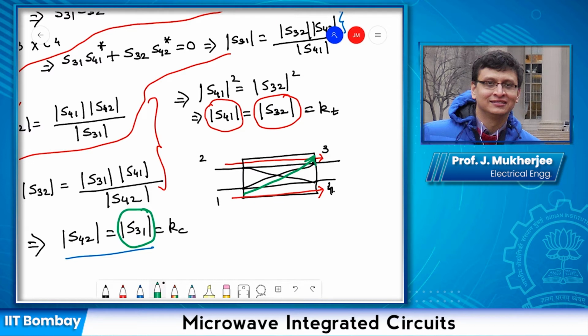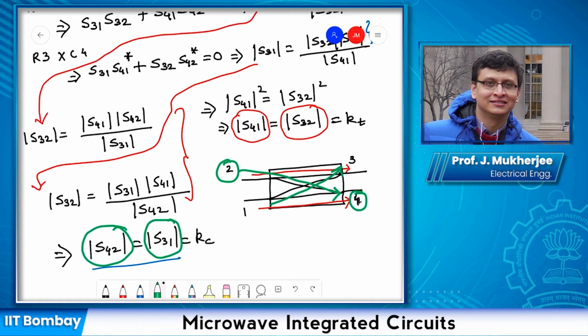Similarly, if I input power at 2, then 4 is the coupled port for input port 2, and the coupling factor S42 determines how much power is flowing from port 2 to port 4. Hence this term Kc, C representing the coupled.